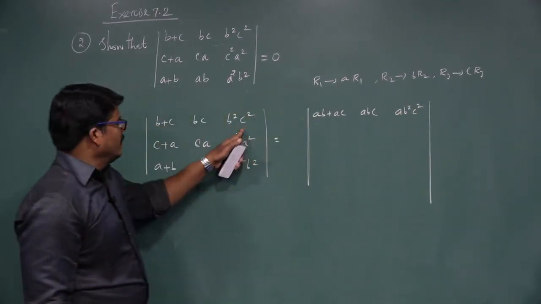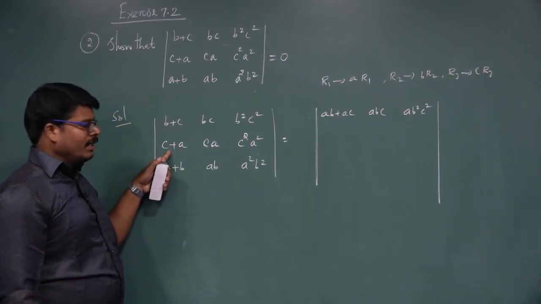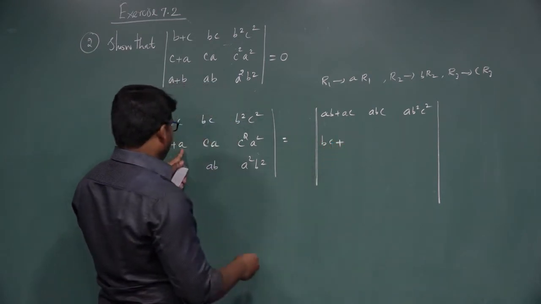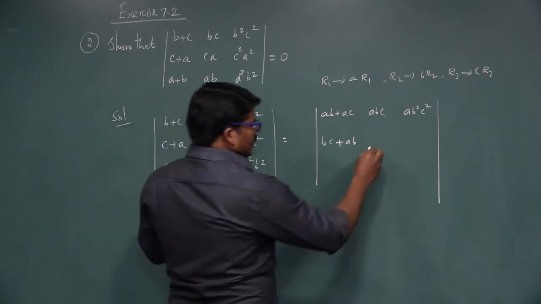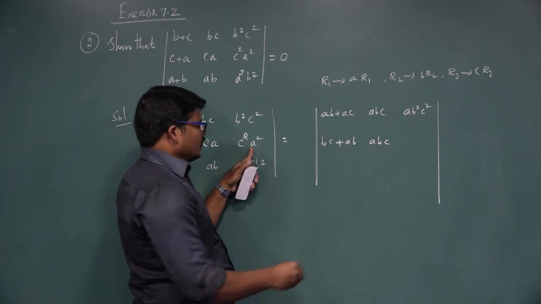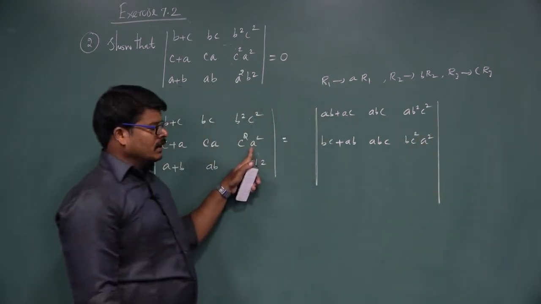The second row multiplied by B: BC plus AB, then ABC, then the third one, B into C square, A square.